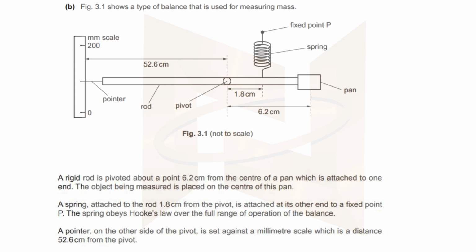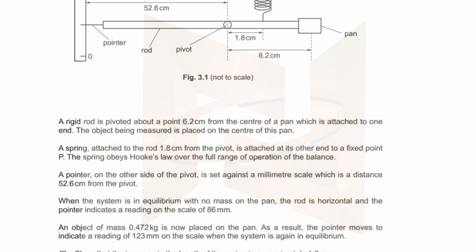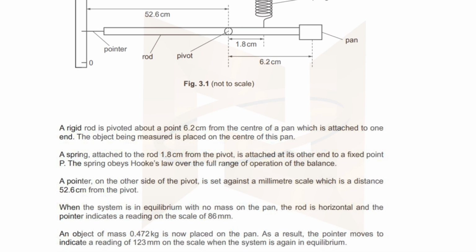Now, when the system is in equilibrium, with no mass on the pan, the rod is horizontal and the pointer indicates a reading of 86 mm. So they're basically trying to tell you that the point where you are right now indicates a reading of 86 mm.